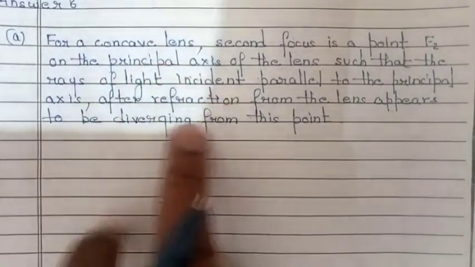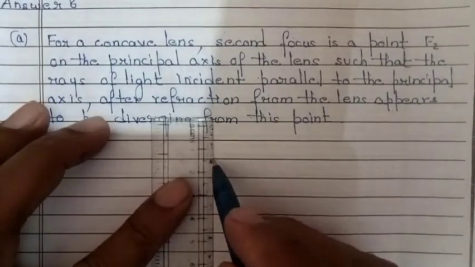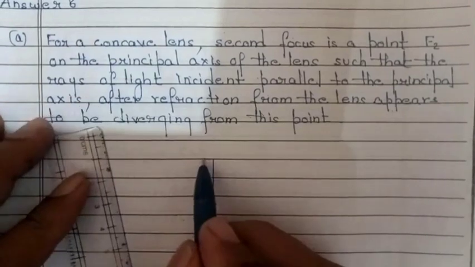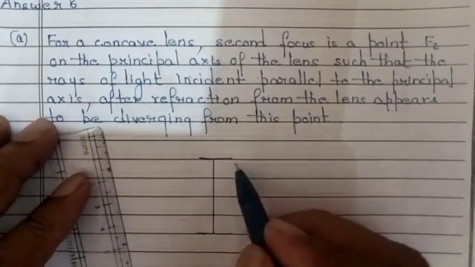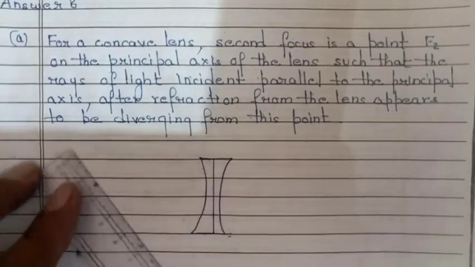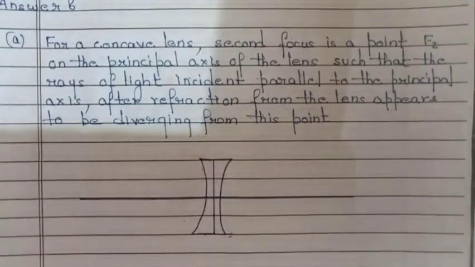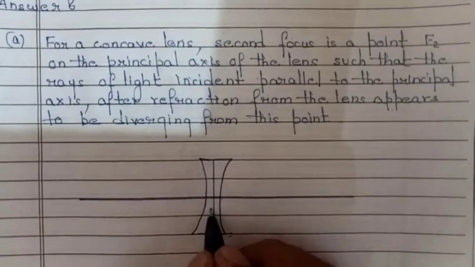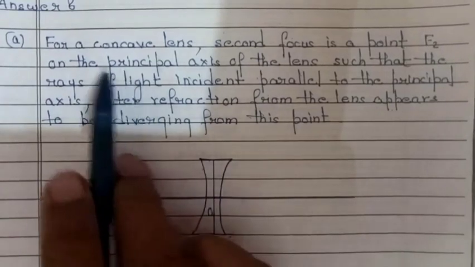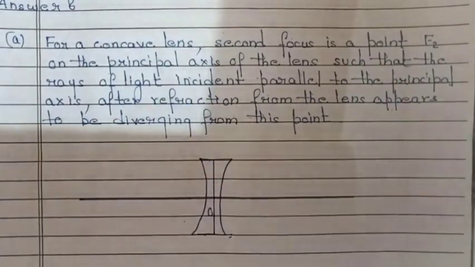Now if we follow this definition given here and try to draw the diagram, let's see what the diagram will be. Let this be considered as a concave lens, right? This is the principal axis. This is the optical center. Now the question says, for a concave lens, second focus is a point on the principal axis of the lens such that rays of light incident parallel to the principal axis.